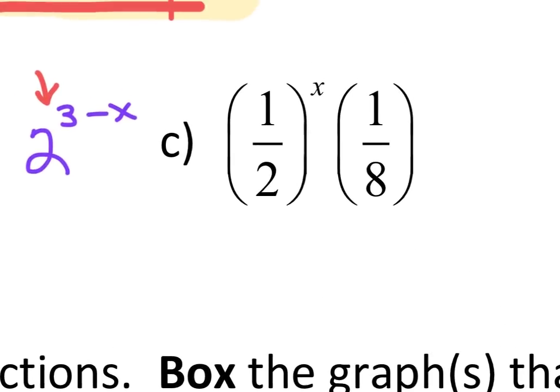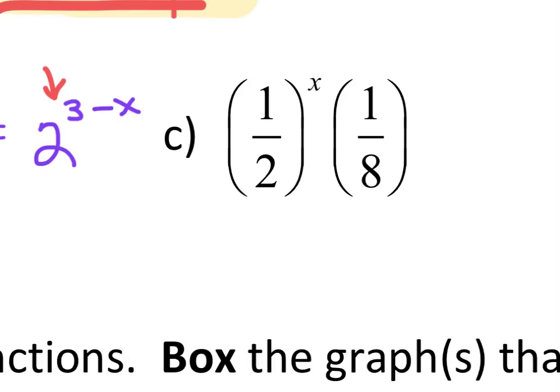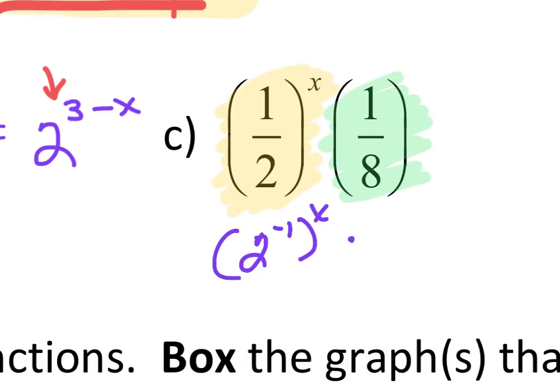When I look at letter C, I can rewrite the first factor as 2 to the negative 1 to the x power. And I can write the second factor, 1 over 8, as 2 to the negative 3 power.